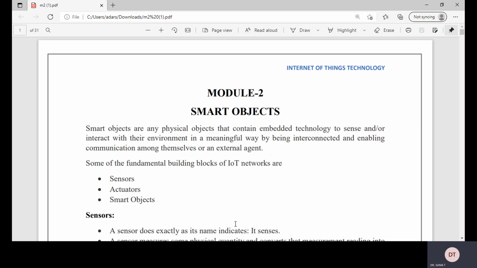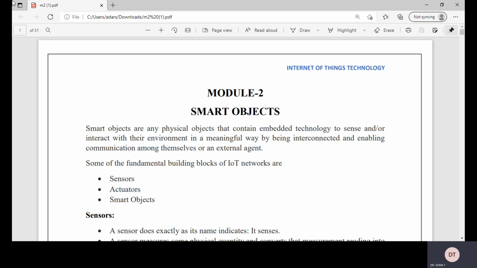Second is sensor networks. These define sensors, actuators, and smart objects and describe how they become the fundamental building blocks of your IoT network.